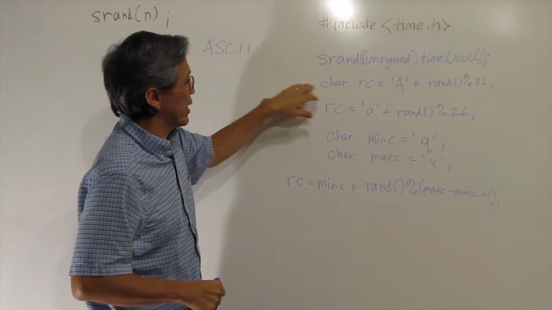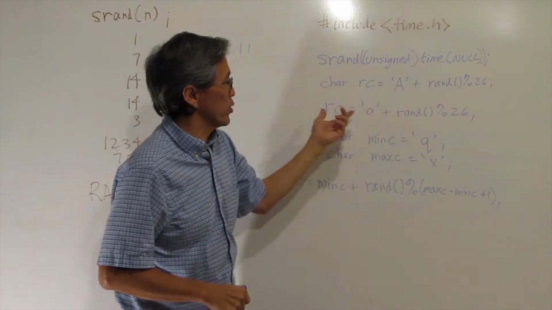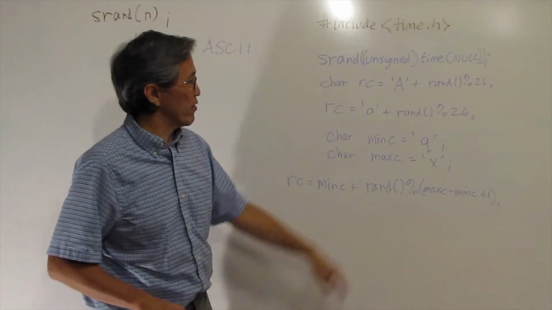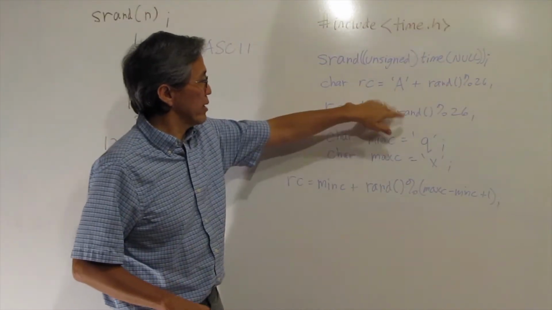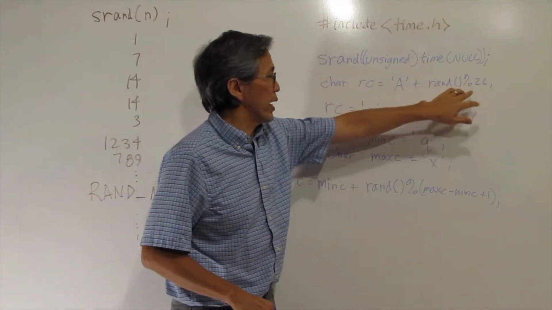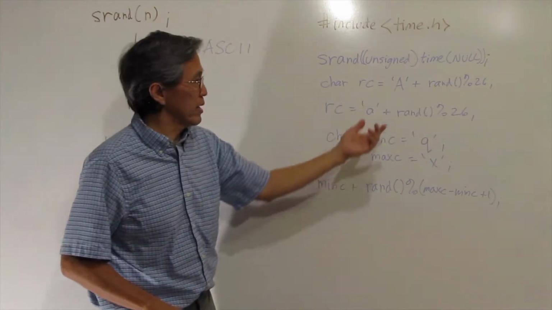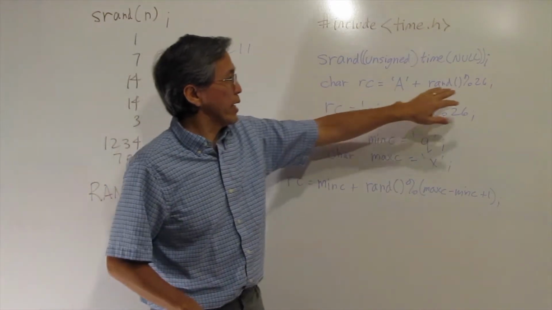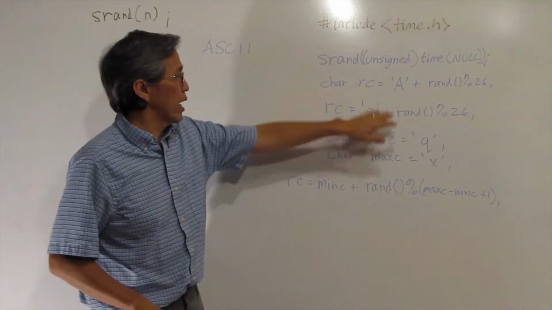Then we do char rc, and I'm just going to do the letters of the alphabet. If I do 'A' plus rand modulus 26, that will give me any of the characters between A and Z, capital in this case.